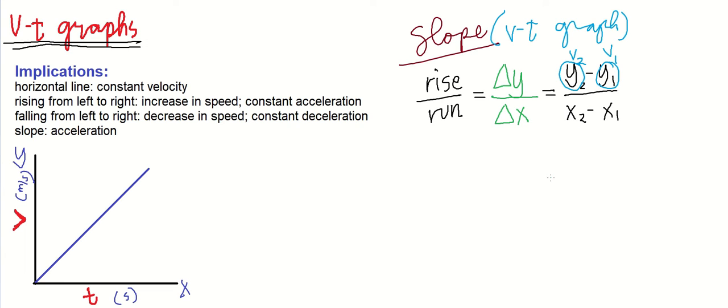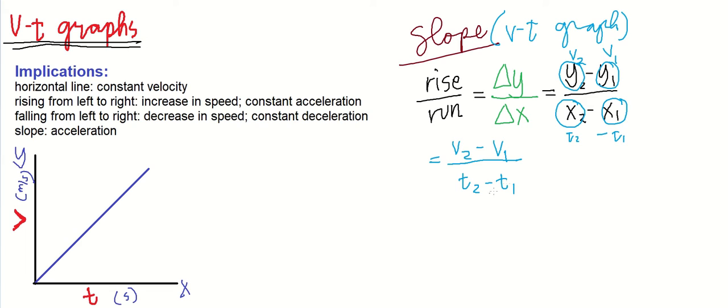These are the two values on the y-axis, since the y-axis contains velocity. So we have V2 minus V1. Meanwhile, the x-axis contains the time. So we're just going to change this into T2 and T1, meaning we have 2 points in time we are considering. The difference of that is the time elapsed, so isang time duration. So we have T sub 2 minus T sub 1.